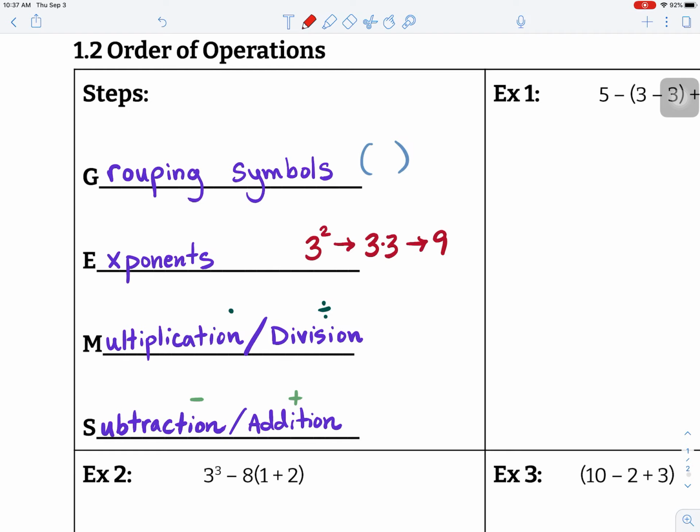So when you get to the step of multiplication or division, you start reading your problem from the left and you do the first multiplication or division that you see, then you keep going. So I want you to add a nice big note here and say from left to right, just like English. I would maybe even add a little arrow left to right.